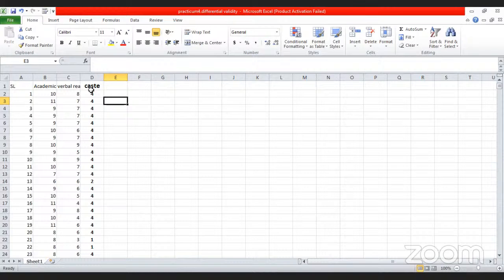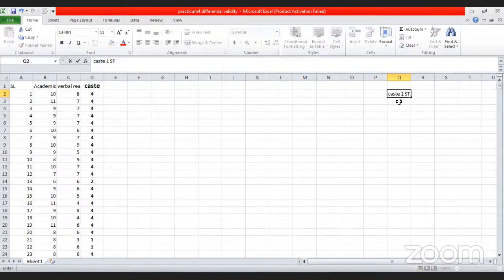Okay, so I have written here the caste. Four is indicated, here you can see 4, 2, 1, 3. So 1, 2, 3, 4 is there. Caste 1, ST. Caste 2, SC.